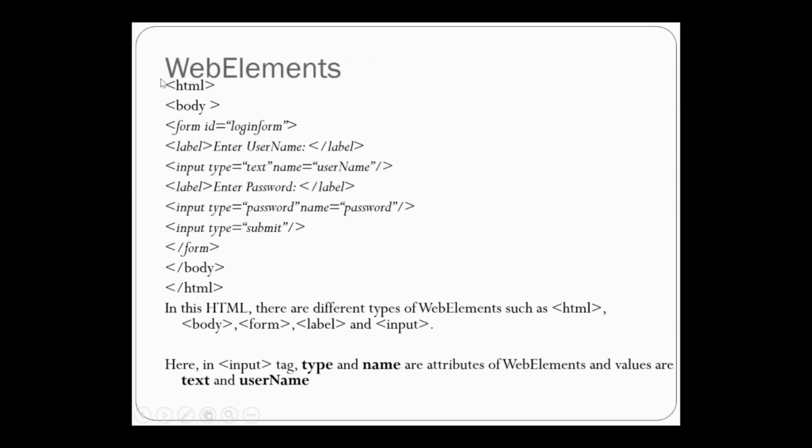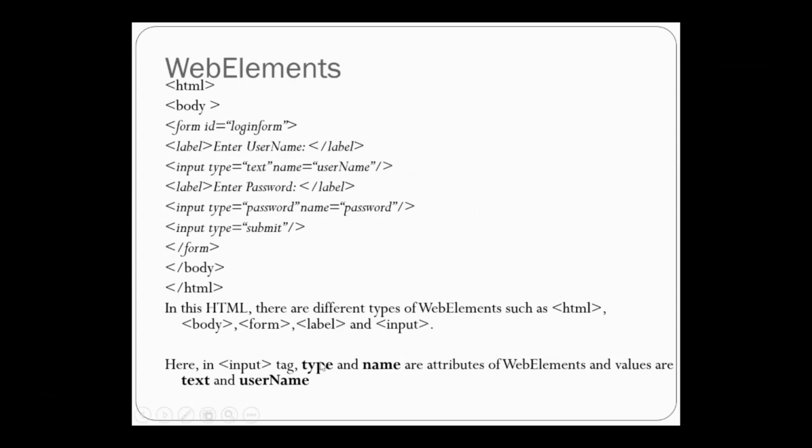For any web page, it doesn't matter whether you are using Java or .NET or any language, a web page is created through HTML only. Other things will be converted into HTML only. So in HTML we have html tag, body, form, label, input.